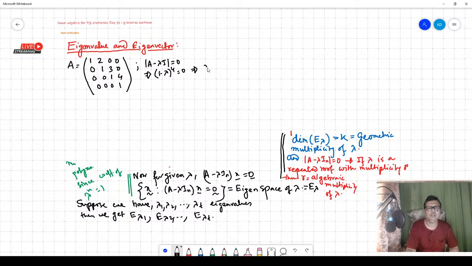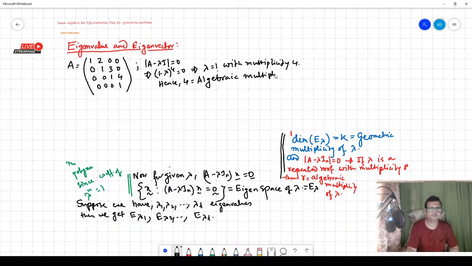So here lambda equal to 1 and this one is repeated 4 times, with multiplicity 4. Hence 4 is the algebraic multiplicity of eigenvalue 1.